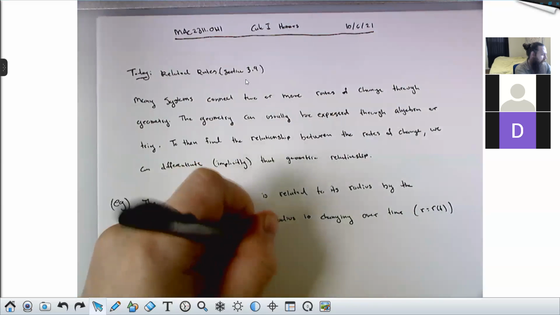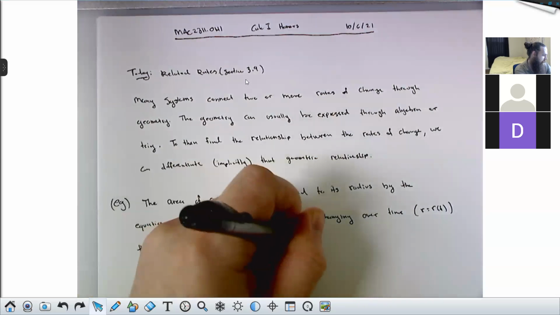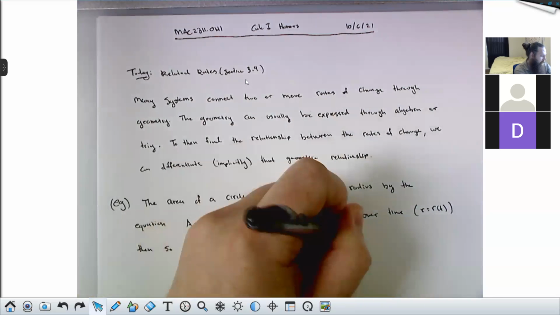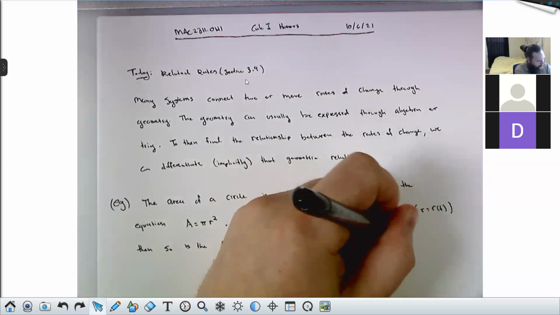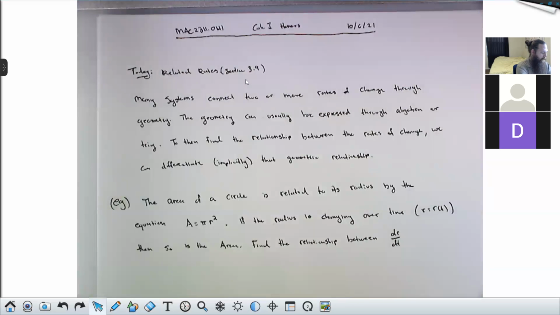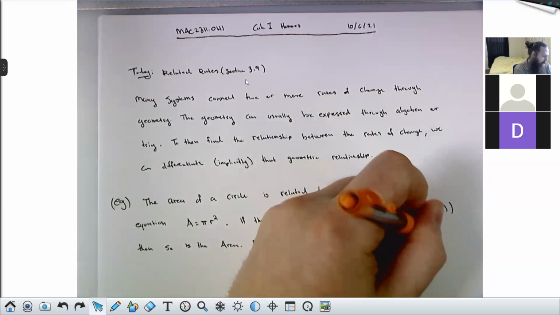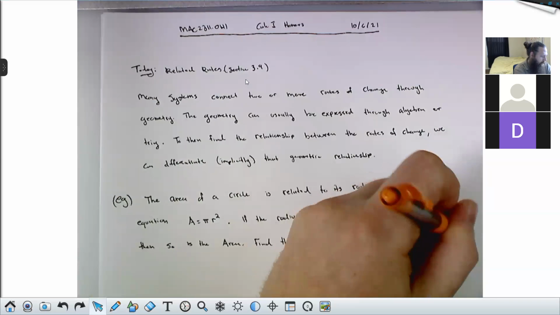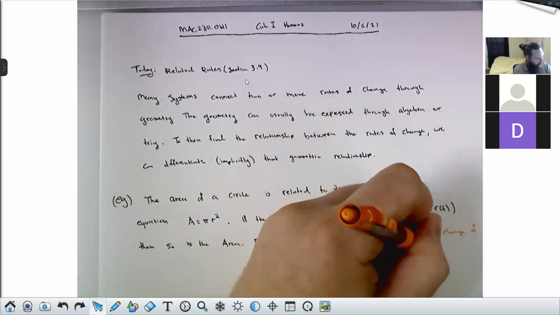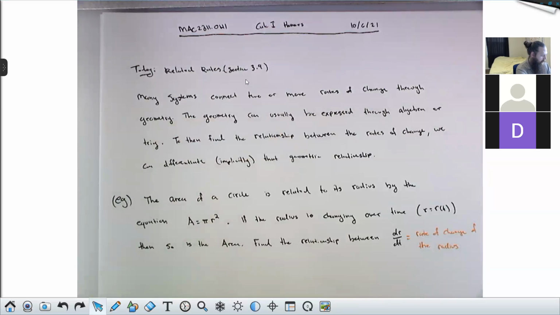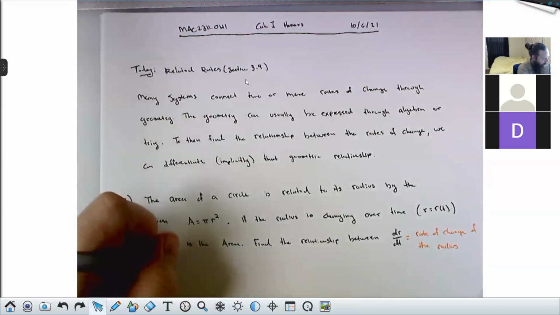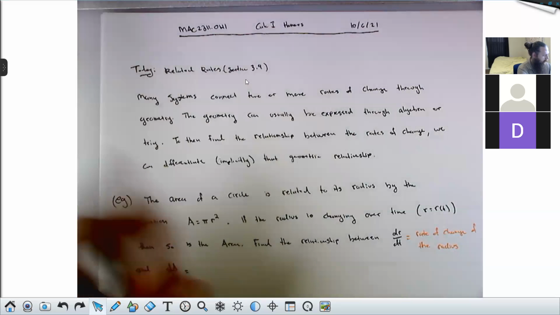Let's find the relationship between two derivatives, dr/dt, which is the rate of change of the radius, and dA/dt, which would be the rate of change for the area.